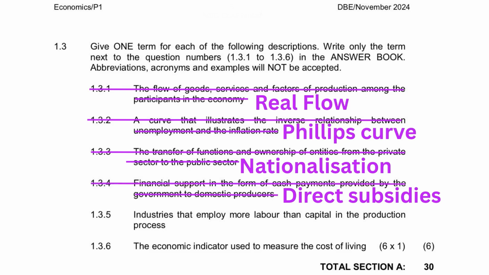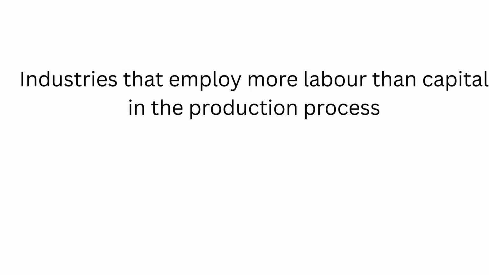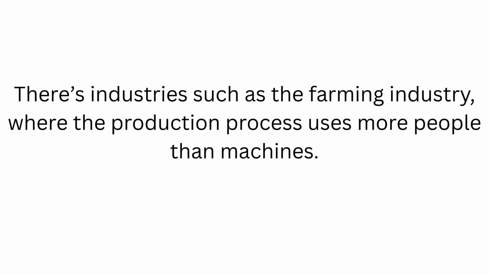1.3.5, which says industries that employ more labor than capital in the production process. Now, this links back to when we have certain industries, such as the farming industry, where the production process usually uses more people than it actually uses machines.